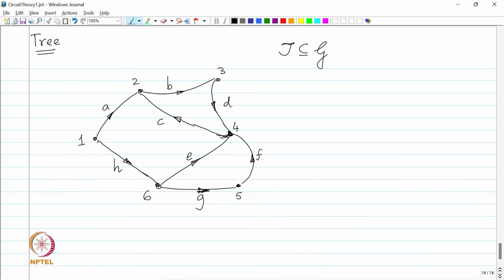T is some subset of G, fine, some subset.